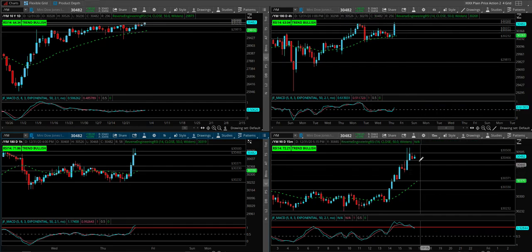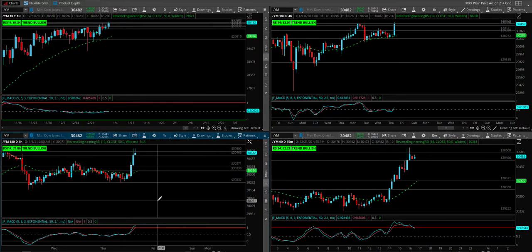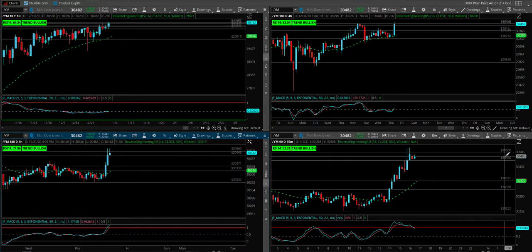The size of which you really can't tell, but you think it's going to be somewhere around here, right? High probability it's going to come back here. So you can either take profits or you could ride it out and maybe add on the pullback. This is all based on how you manage a trade when you're in, and that's really up to each individual trader.